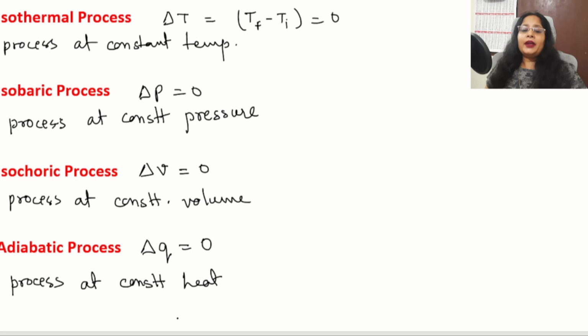That is called adiabatic process. It means delta Q will be 0 in the adiabatic process. Now you have to remember these points. If there is a question and they are telling the adiabatic process, they will add this term. It means there you have to put delta Q is 0. So that's why these terms should be remembered.